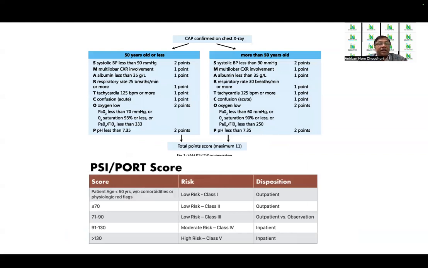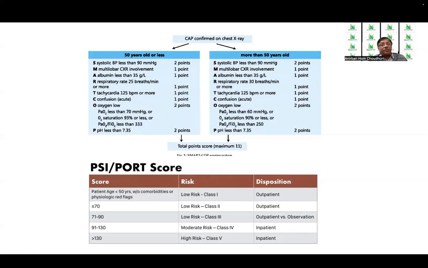Now, in addition to that, if you look into the chest X-ray, there is another score which can be used, the SMART-COP score, which is also an acronym. Systolic blood pressure of less than 90 is given 2 points for patients both more than 50 years and less than 50 years.